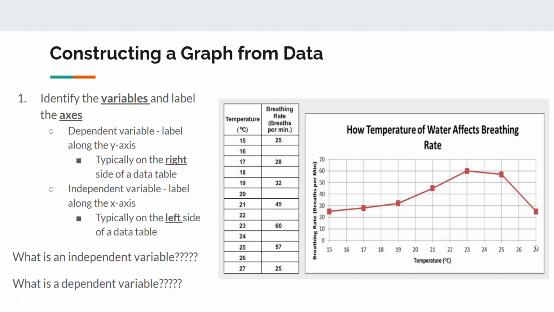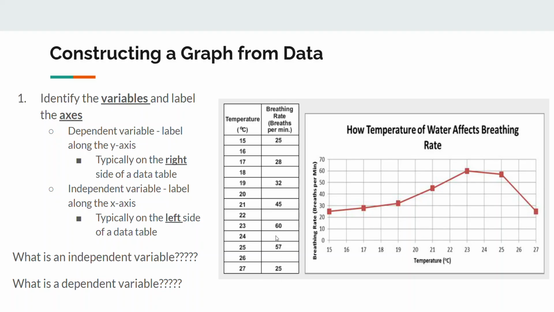Now, it's okay if you go above this 27 a little bit. If you wanted to make it even and go to 30, that would be okay. But you don't want to go all the way to like 100 or something like that, okay? That's overkill. That's too much work. We want to save time. And then we look at the breathing rate that is going along the y-axis. Again, look at your highest number. You can't just look at this bottom number because that's not your highest.